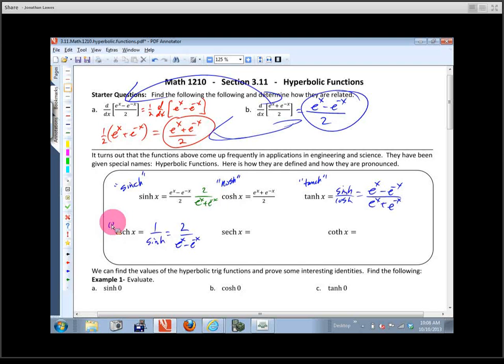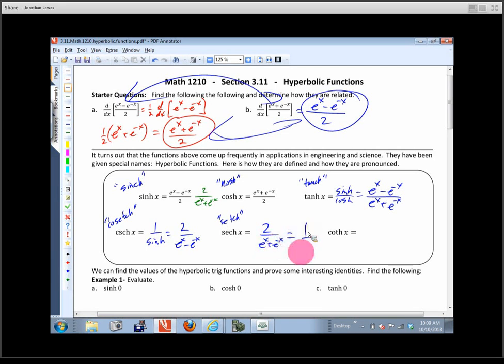We actually pronounce this cosech. Sorry about that. Okay, and this one is the sech, okay? And it would be the reciprocal of the cosh, so it's going to be 2 over e to the x plus e to the negative x.